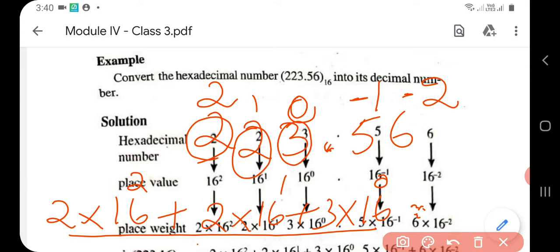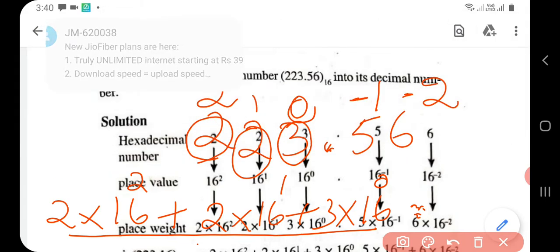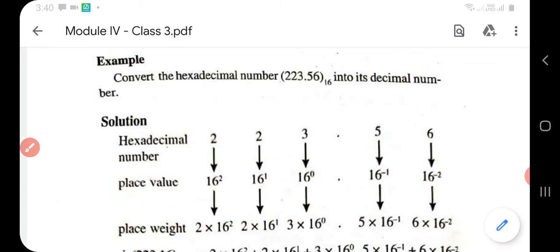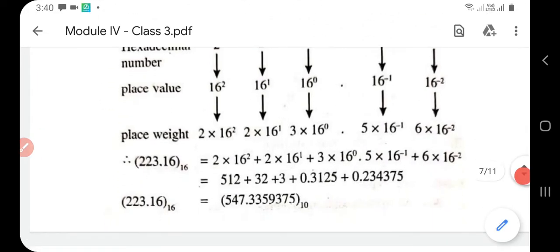After that you put the dot here, and then the next number will be 5 into 16 raised to -1, plus 6 into 16 raised to -2. It is given here clearly; you can see what I have just written.